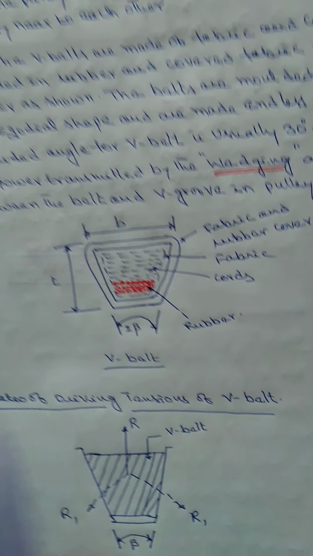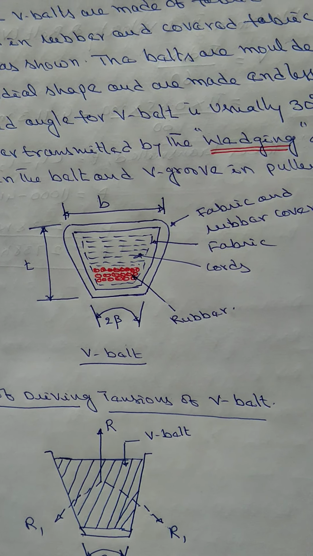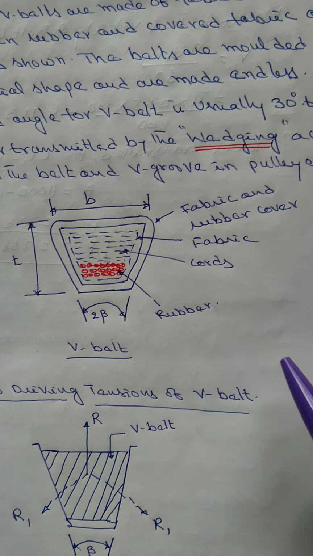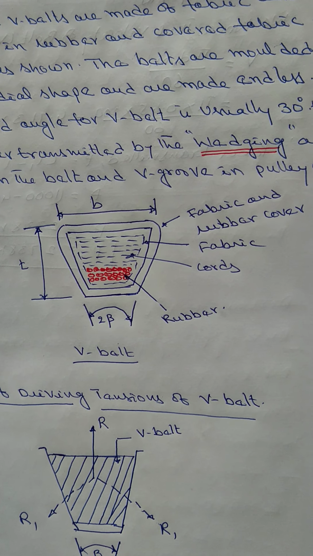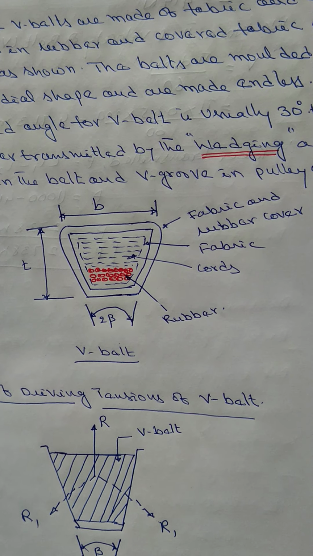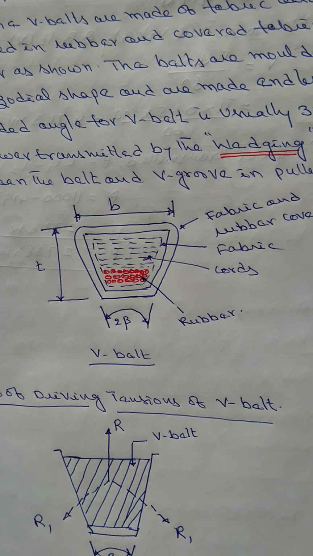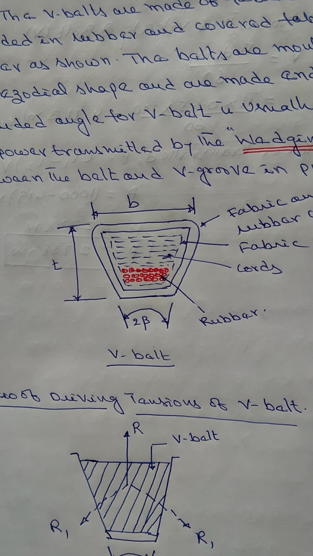The V belt has a trapezoidal shape. Now we will see the figure. In this trapezoidal shape, in between the center, 2 beta is the included angle, usually 30 to 40 degrees for a V belt.